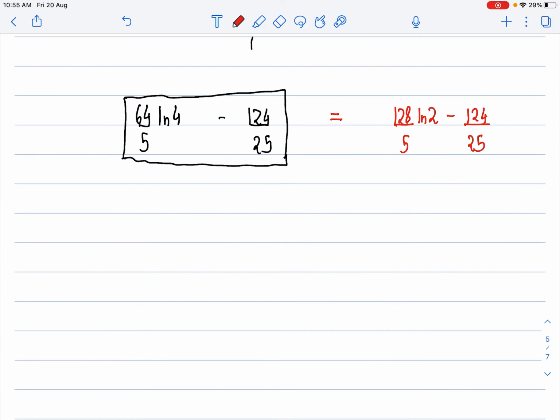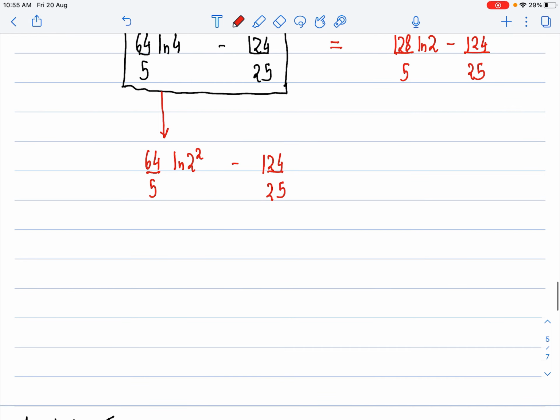I know here this can be written as 64 over 5 with ln 2 raised to 2 minus 124 over 25. Now I can use the log property, which states that log of a raised to b can be written as b log a.